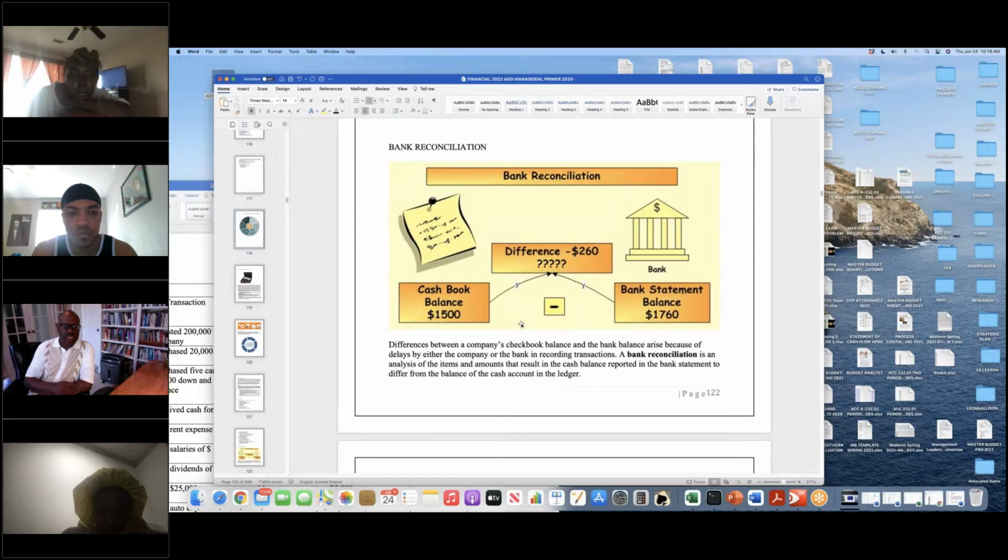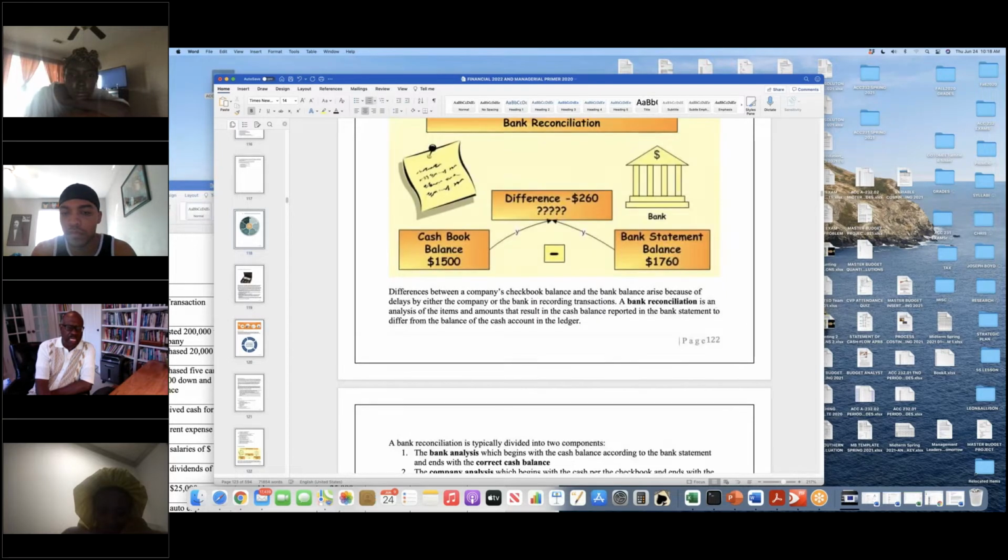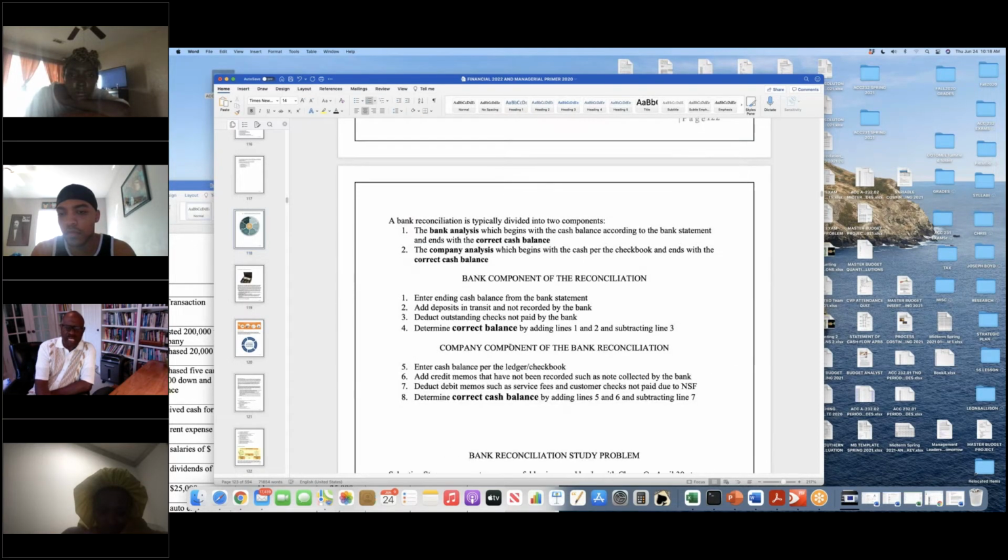We looked at bank reconciliations yesterday, and we said a lot of times the bank statement will have one balance, and the cash book, our T account, will have another balance. And so we go through a reconciliation process, reconciling to the correct balance. On the bank reconciliation, we're going to add deposits in transit and subtract outstanding checks that the bank doesn't have to get a correct balance.